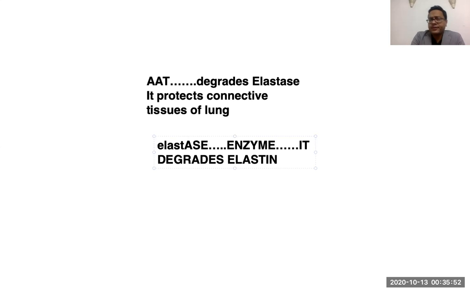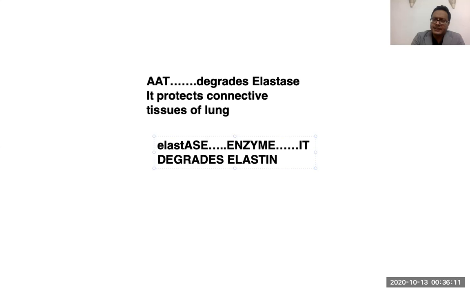And that is troublesome for us. That can cause a lot of problems because the lung's microarchitecture is basically made with elastin. So if there is a lot of elastase, that would destroy the lung and could lead to pathologies like emphysema. And alpha-1 antitrypsin protects us from elastase.